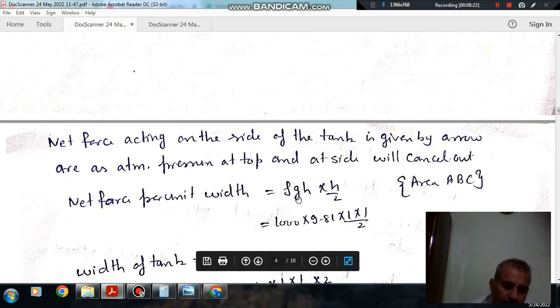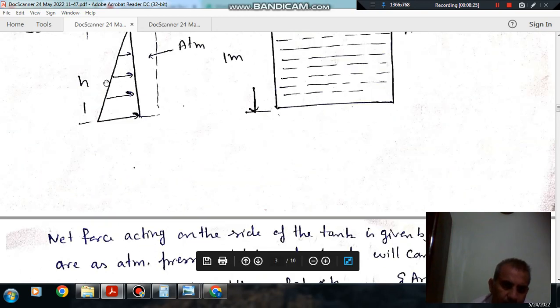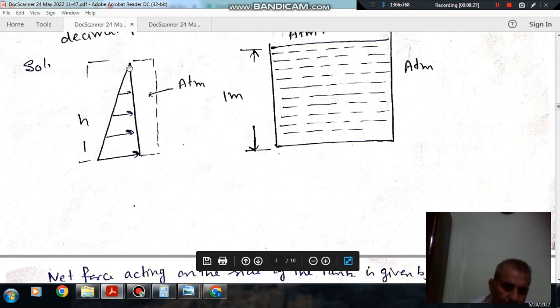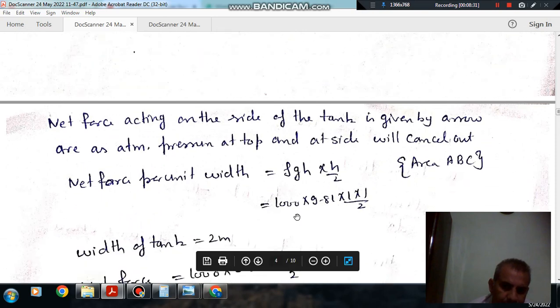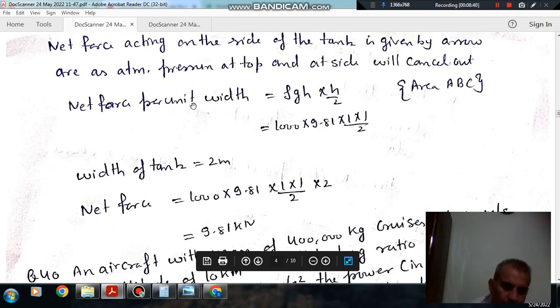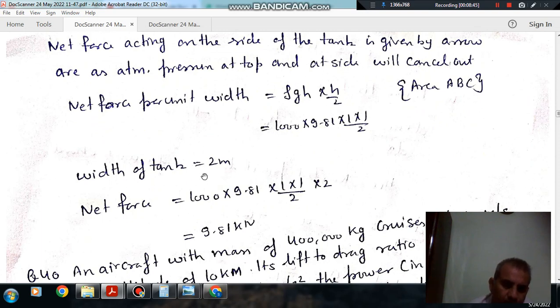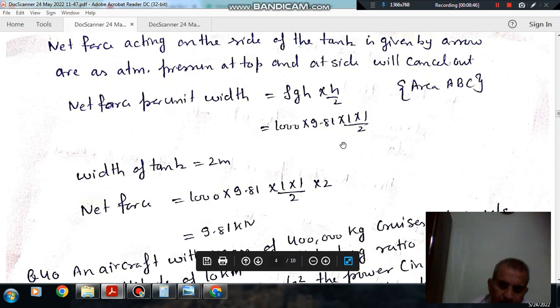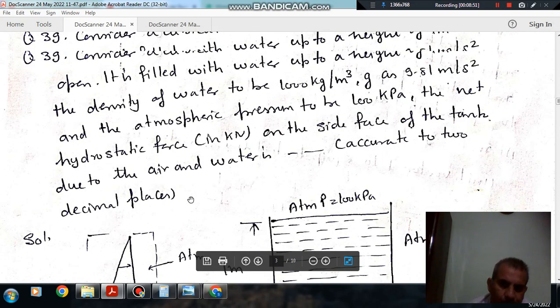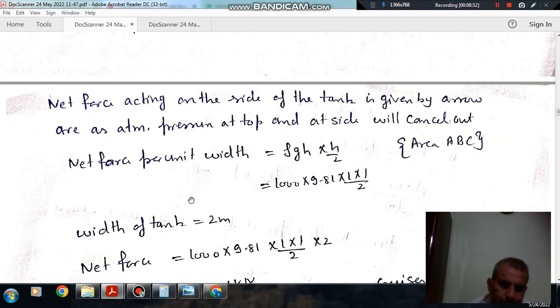So the net force per unit width is rho gh times h by 2. So rho is 1000, g is 9.81, h is 1. This is the force per unit width, and if the width is 2 meters, then the net force is multiplied by 2. So the answer is 9.81 kilonewton.